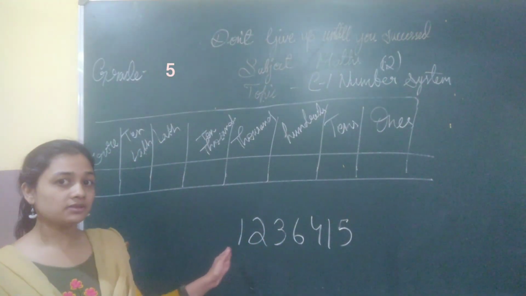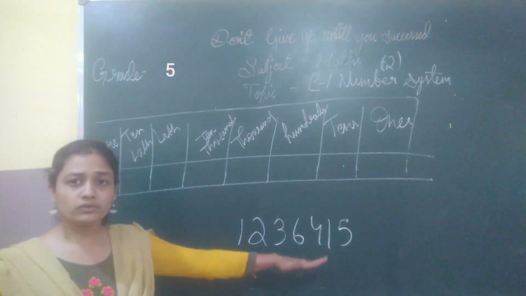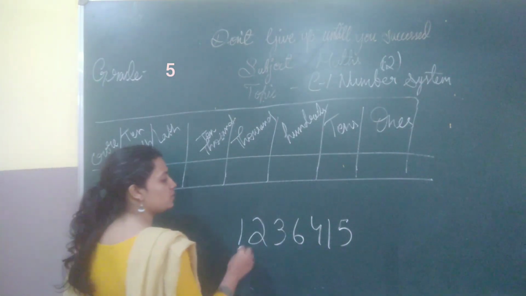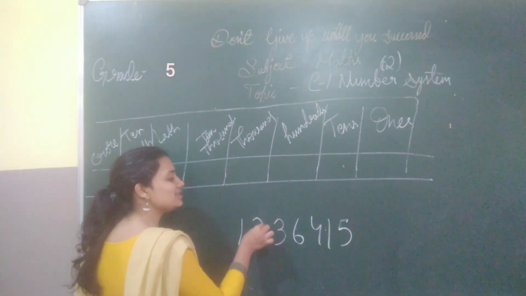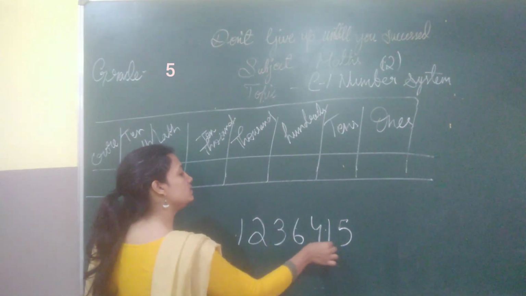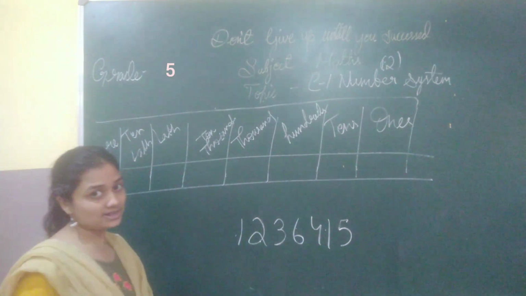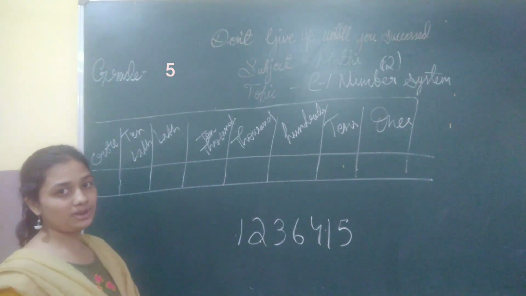So see, you have such a big number, 1, 2, 3, 6, 4, 1, 5. Is this how you read a number? No. See, when you have the numbers together, these are called digits. So how many digits you have in this number? 1, 2, 3, 4, 5, 6, 7 digits are here. So let's place one by one in their respective places.